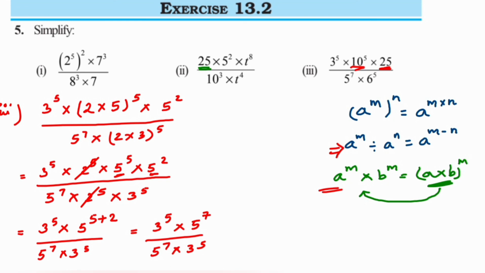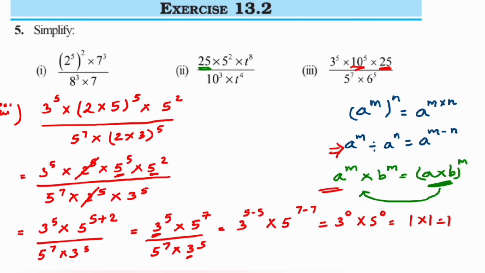Anything you can do. So here if I apply the law, since the bases are same, 3 and 3 in the numerator and denominator, powers will get subtracted. So I'll get 5 minus 5. Similarly here also 5 is a base, we'll get 7 minus 7. So we'll get 3 to the power 0 multiplied by 5 to the power 0, which will be like 1 into 1, which is again the answer 1.